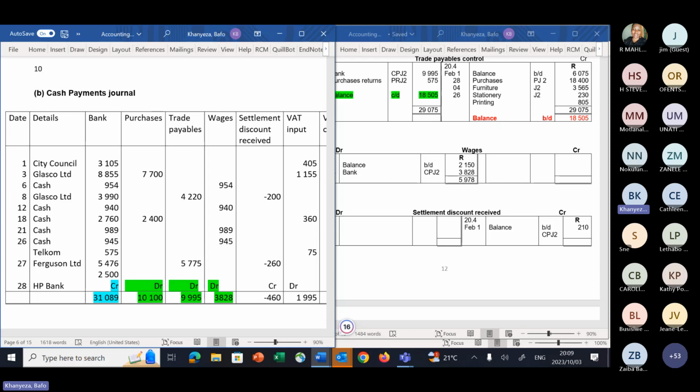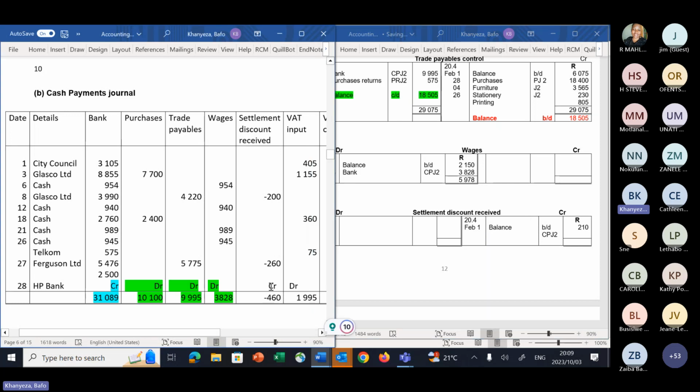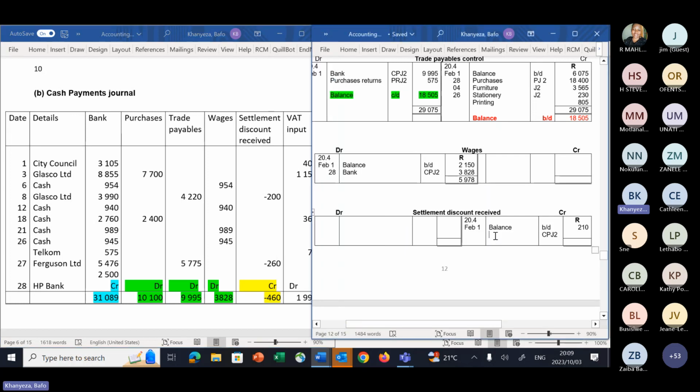So here it is, settlement discount is a credit because it's income. When you receive a settlement discount, it's when you settle early. Some companies give you a discount if you settle early. So it's gonna be bank. Settlement discount received. The contra account is trade payables.